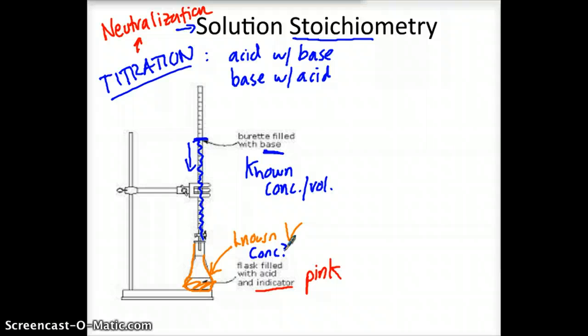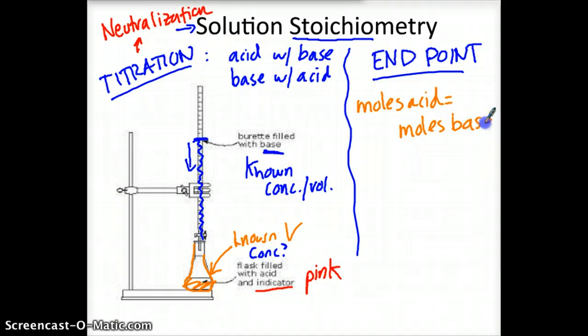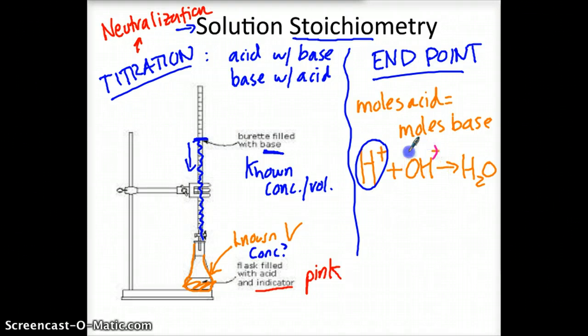Now the reason that works is because when you reach something called the end point, as we referenced in class, it occurs at a very specific moment. It's when the moles of acid equal the moles of base. Since our net ionic equation for a neutralization reaction is always the same, at the end point, the number of moles of H+ equal the moles of OH-.